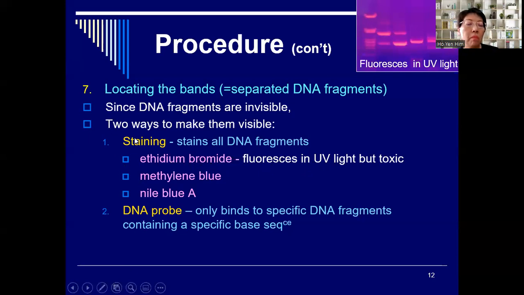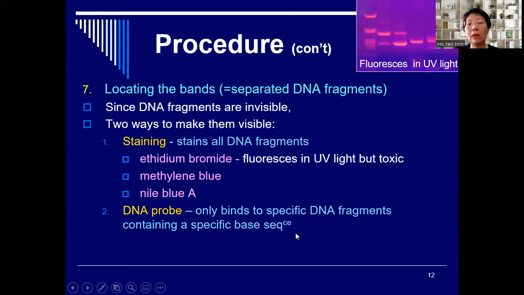The second way to make the DNA visible is to use a DNA probe. Staining stains all DNA fragments, right? But a DNA probe is a short single length of DNA, so it can only bind to specific DNA fragments containing a specific base sequence.